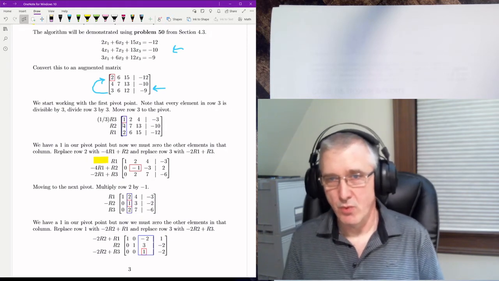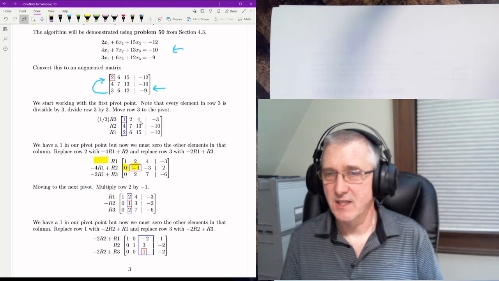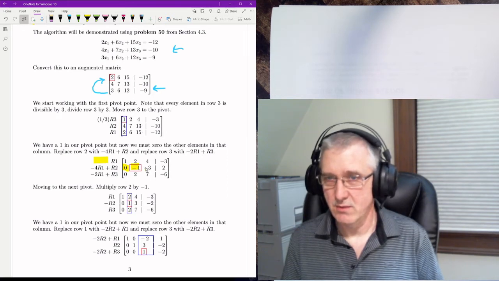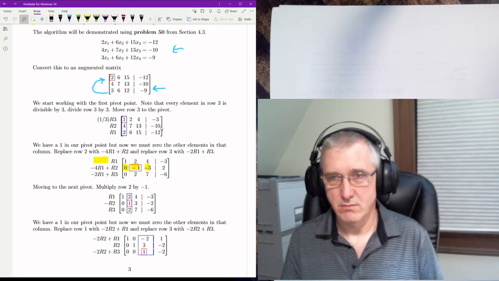Minus 4 times row 1 is minus 4 plus 4, which is 0. Minus 8 plus 7, which is minus 1. Minus 16 plus 13, which is minus 3. And 12 minus 10, which is 2.